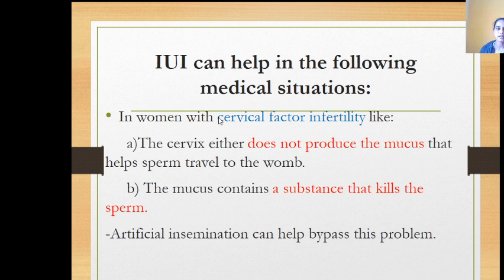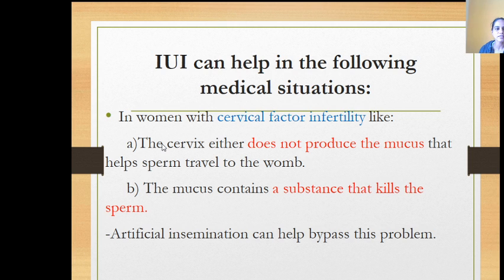In a woman, cervical factor infertility. So if there are certain reasons for infertility that are associated with the cervix of the uterus, remember the neck of the uterus is called the cervix. So any problem associated with that portion of the uterus is called cervical factor infertility.